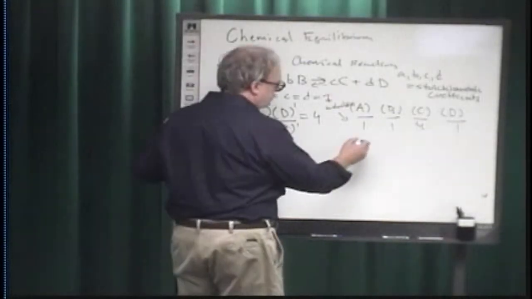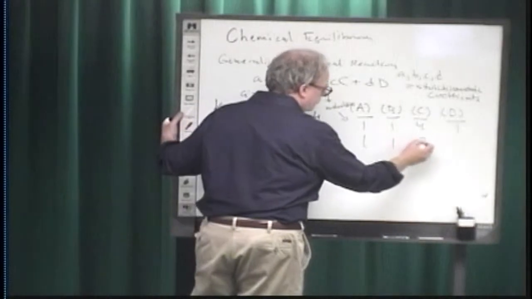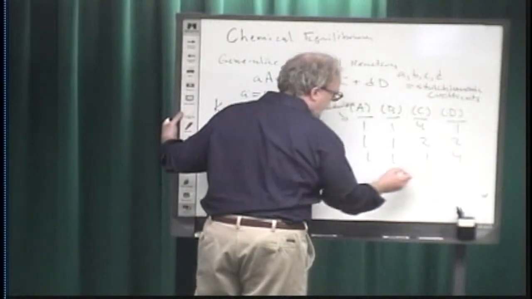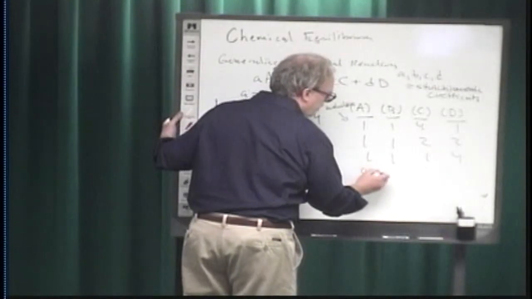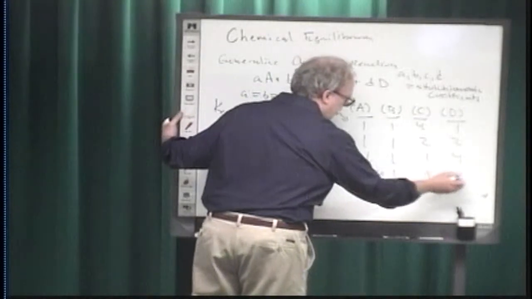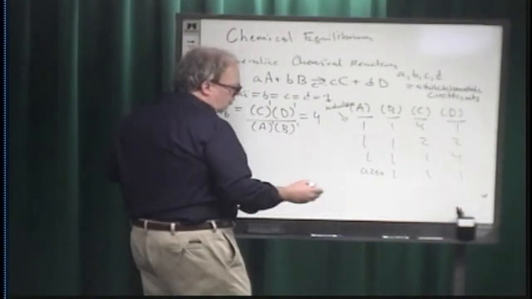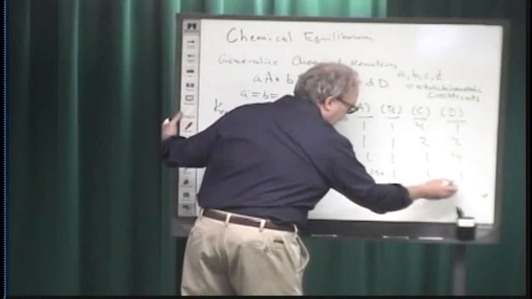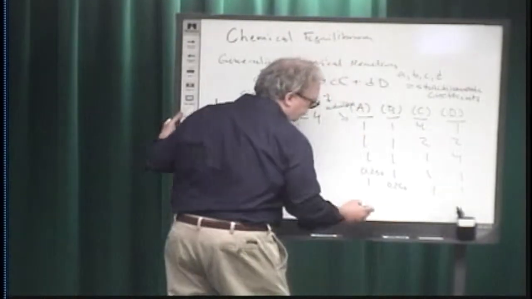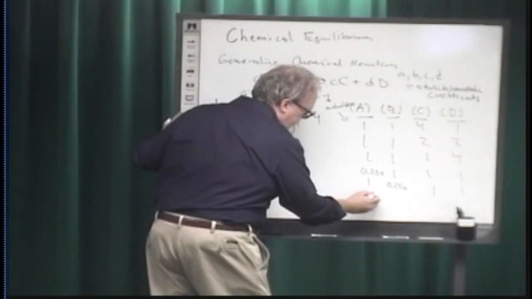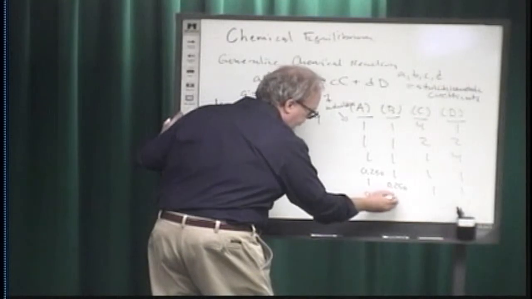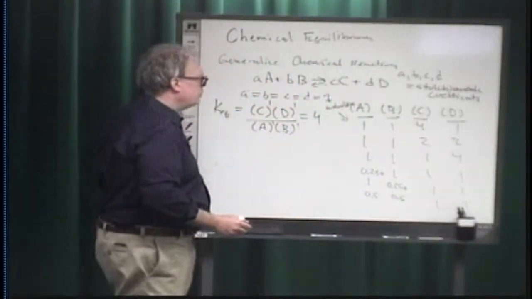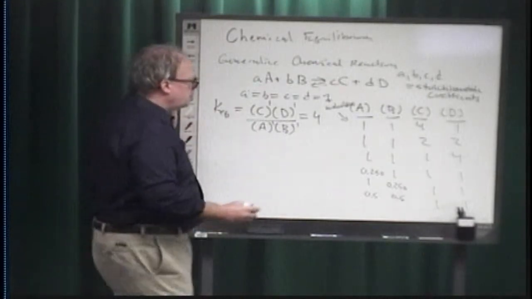On the other hand, you could have 1, 1, 2, 2, or 1, 1, 1, 4, or 0.25, 1, 1, 1, or 1.25, 0.5, 1, 1, or you could have 0.5, 1, 1. Those all would give you the same equilibrium constant.